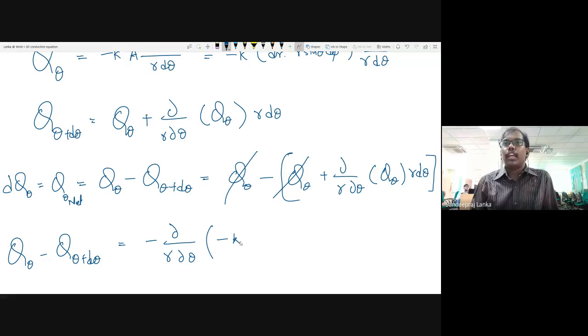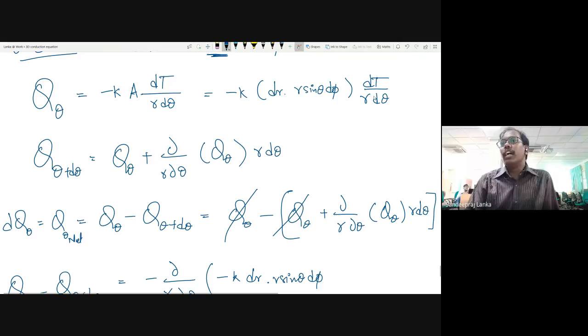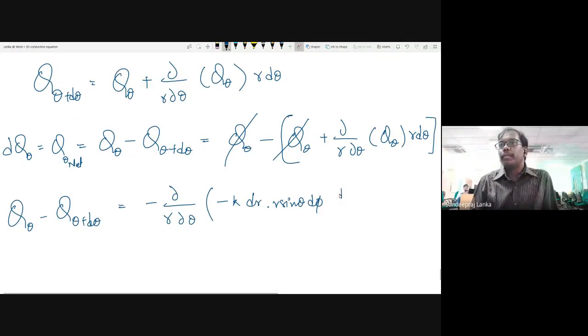It is minus k into dr into r sine theta into d phi, and this value I have to take it here. I'll not put dt here, I'll put dou here because I'm considering the partial differential equation. Dou t by r into dou theta. Minus into minus will be plus, and then here what I want is k into dv. I'm taking k outside.